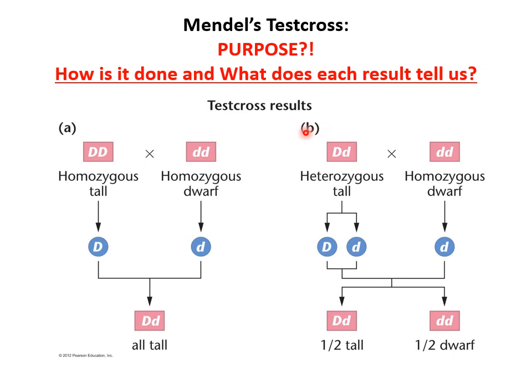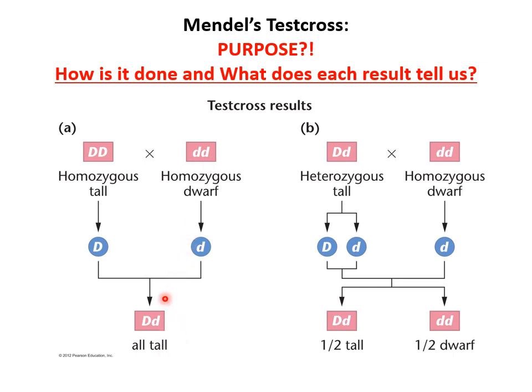The way that it is done is you cross that dominant looking phenotype organism with a fully recessive organism. Okay, so if you see it looks dominant, the way to tell its genotype is to do a test cross, meaning you cross it with a fully recessive organism and look at its offspring.